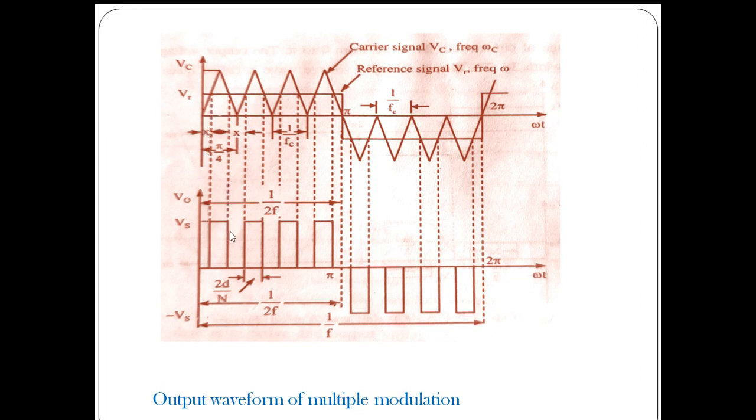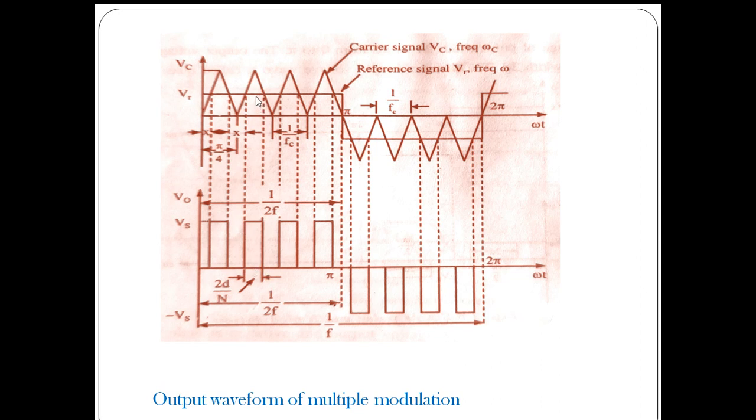The duration of this pulse will be according to whenever the triangular wave has more magnitude than the reference wave. At that time, we are having a trigger pulse. So the trigger pulses will be given to SCR. During that portion, we are getting the output. Actually, this is the supply voltage waveform, but we are having output only in this much portion.